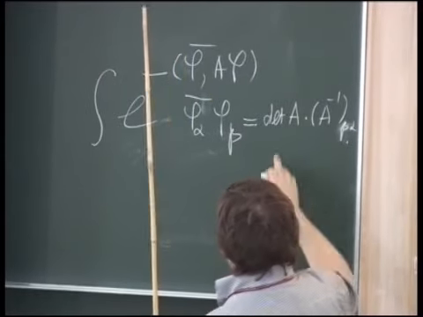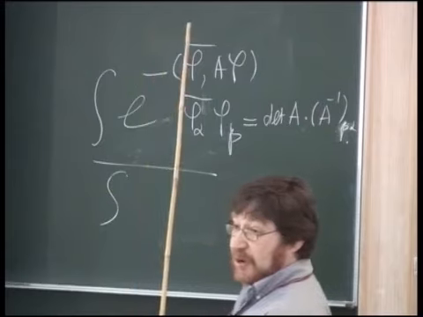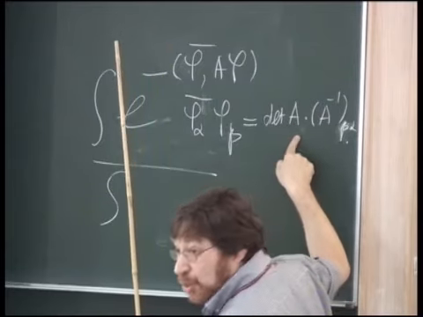Or in other terms, in order to cancel the determinant, I should divide by the same integral without this factor.